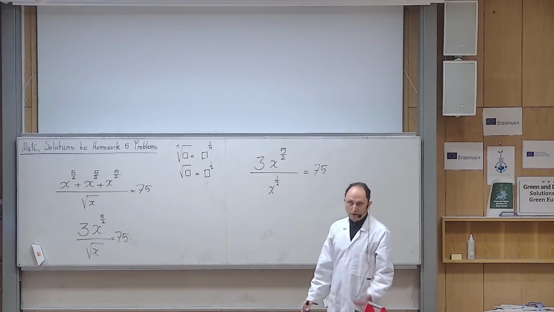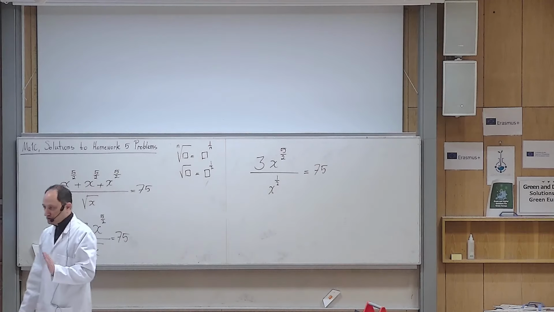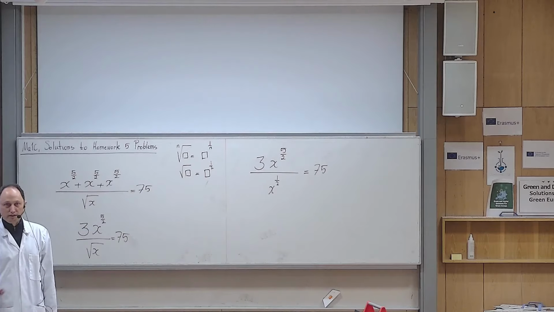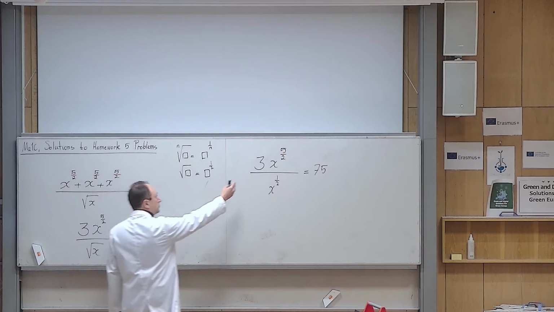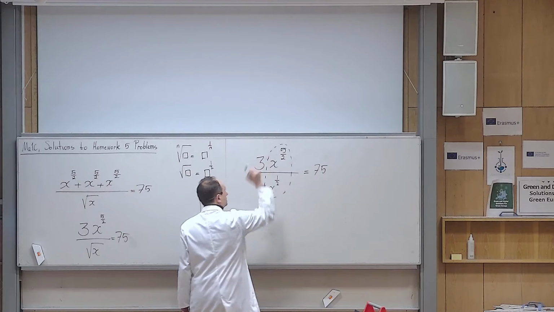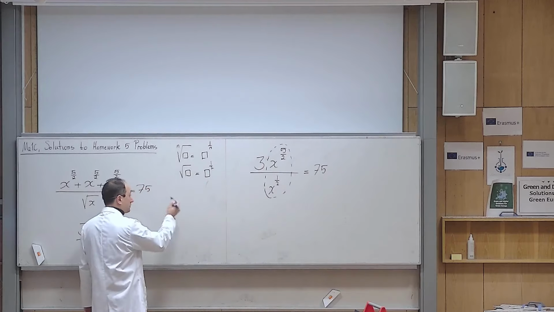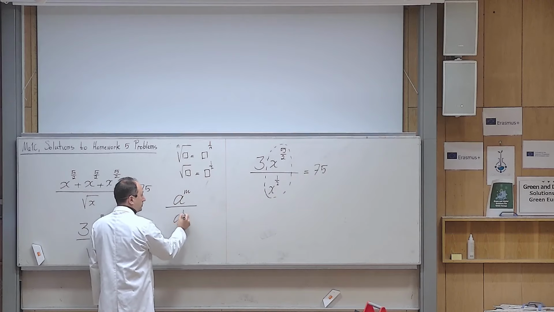So which rule of power? By the way, you have the formula sheet in front of you, even though I really don't recommend you just look at the formula sheet every time. These rules are so simple, you have to have them in mind. Which formula is suitable for this part? Which kind of cancellation? A to the power m divided by a to the power n.